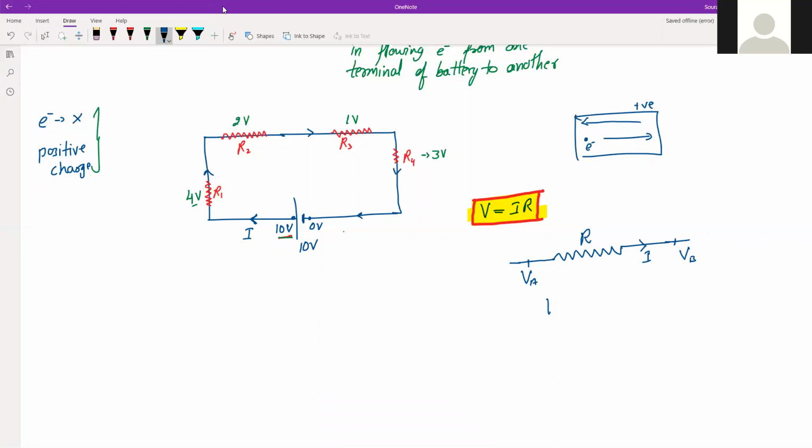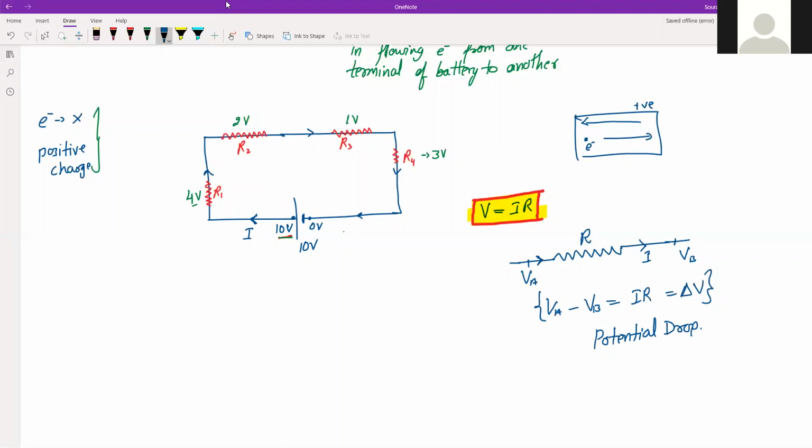That means VA, the potential with which the current entered here, minus VB, the potential with which the current is leaving from here, will be equal to IR, or delta V is equal to IR. This is also called potential drop.